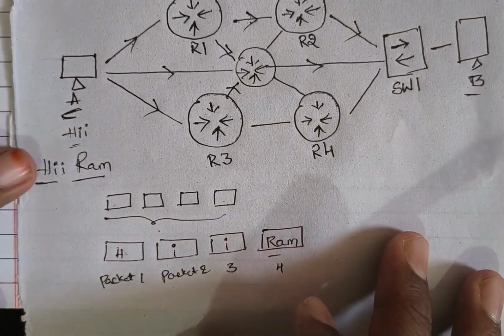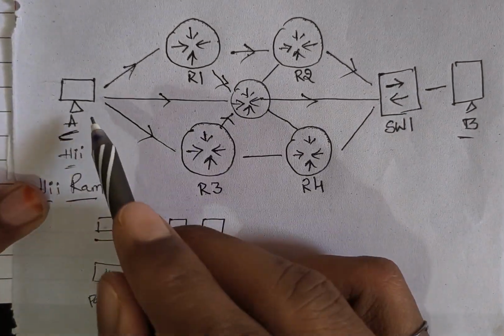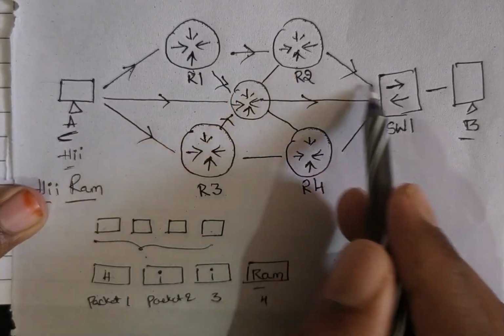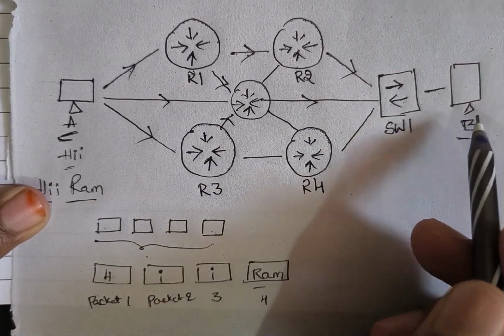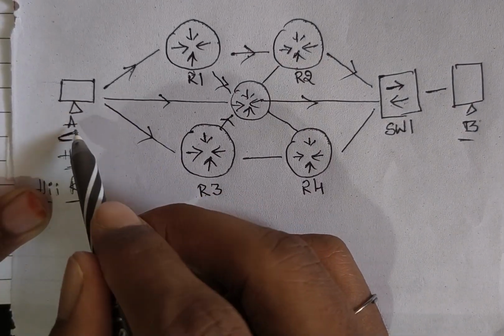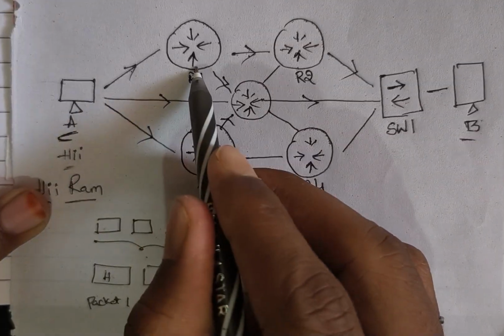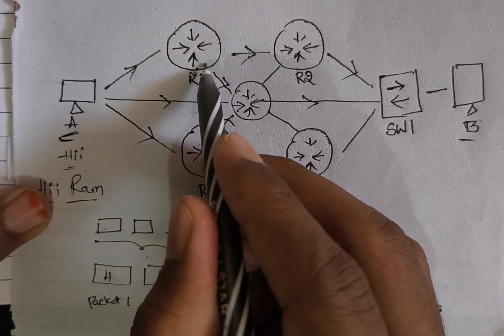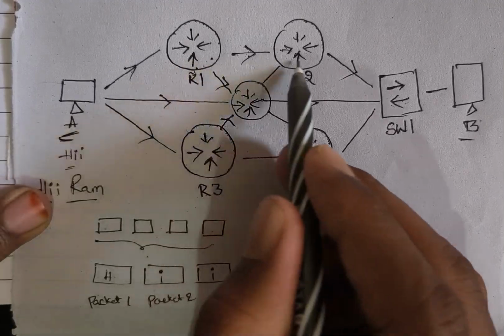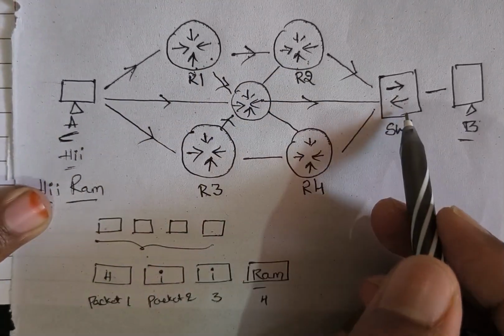Like this, the data will be forwarded from one router to another: R1 to R2, R2 to switch, and switch to B. Here, store and forward means that whenever H is sent to R1, it will be stored there, and then it will be sent to R2, and then stored and sent to the switch.